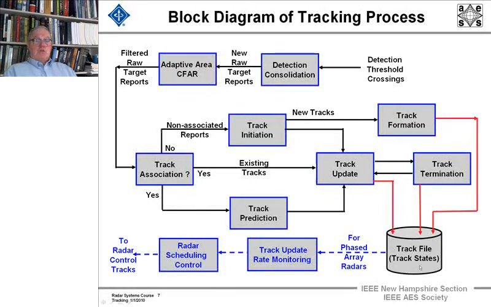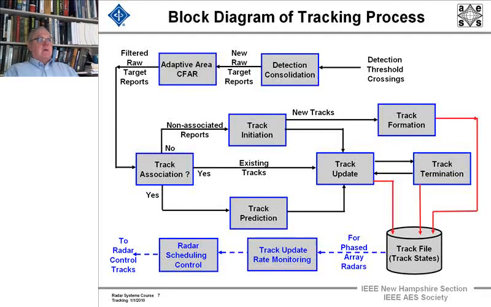Now, when you have this track file, the upper portion, from about here up, is the way you deal in a track-while-scan radar. But with a phased array radar, we have a great deal of flexibility, in that we have a radar scheduling of tracks where we can send out pulses at any time we want to.